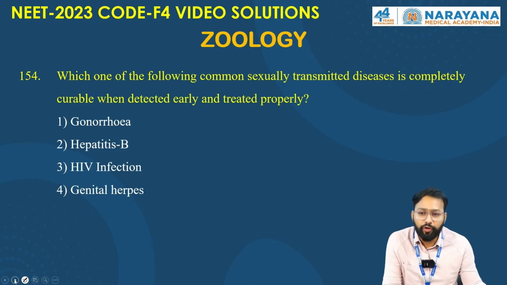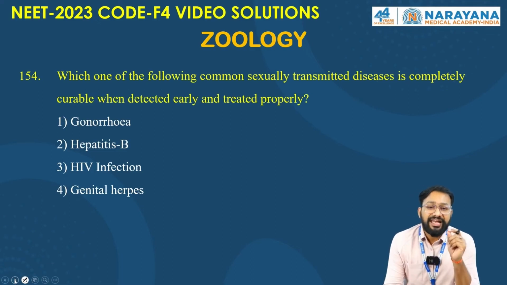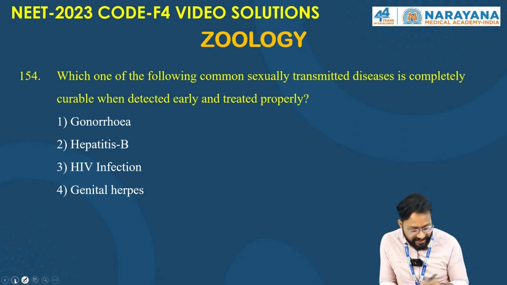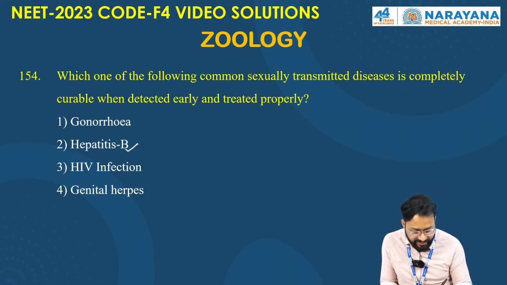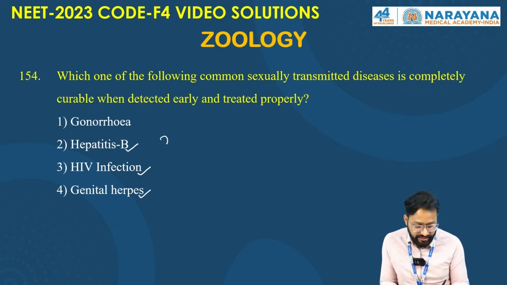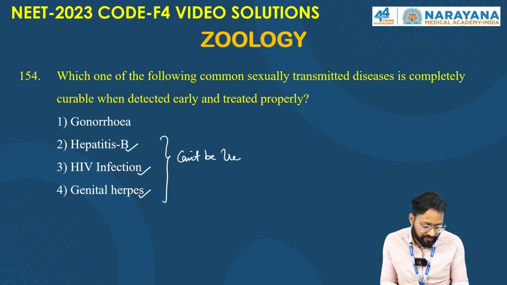Question number 154. Which of the following common STDs is completely curable when detected at an early stage? Over here you must remember, except 3 diseases, that is hepatitis, HIV infection and genital herpes, which can't be treated and cured.